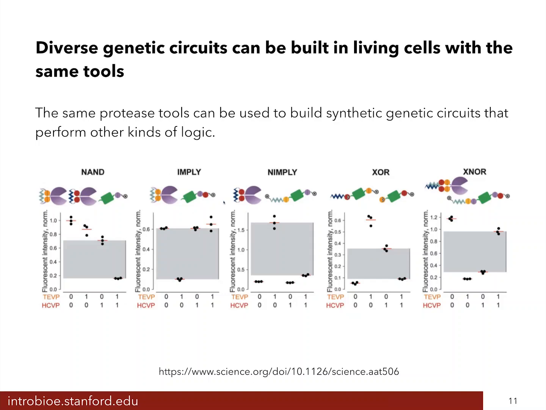There are also implies, not implies, or exclusive OR gates, just all different types of logic gates that you can build using the same type of protease tools and using the same type of recombinase tools. You can build diverse types of logic gates as well. And so these different biomolecules can be used to build different types of synthetic genetic circuits.